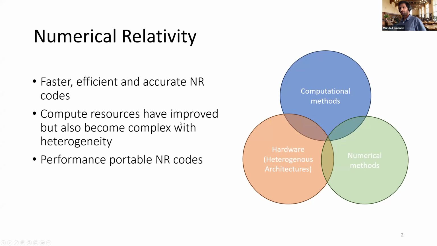So if you think about numerical relativity, with the increasing accuracy of these gravitational wave detectors, we need faster, more efficient, and more accurate numerical relativity codes. And in terms of achieving this goal, I think we can make improvements for NR codes in three areas.